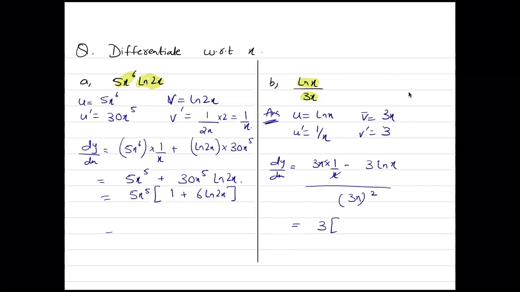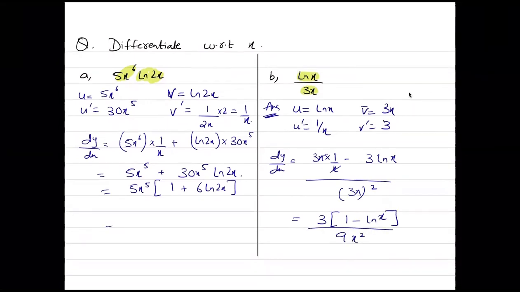If I solve the numerator, I'm going to get 1 minus ln x, and the denominator is going to have 9x squared. You can simplify this, 3 and 9: 1 minus ln x over 3x squared. That's it.